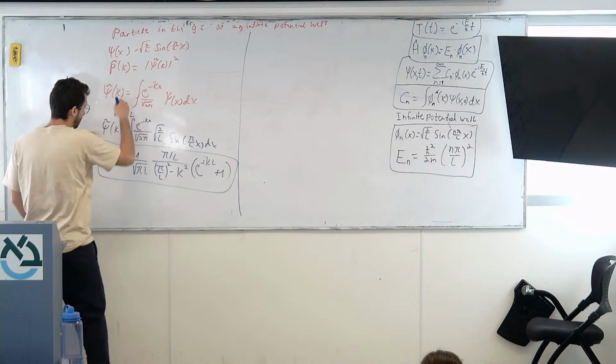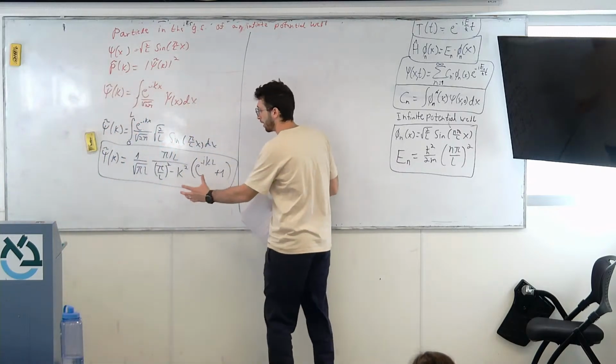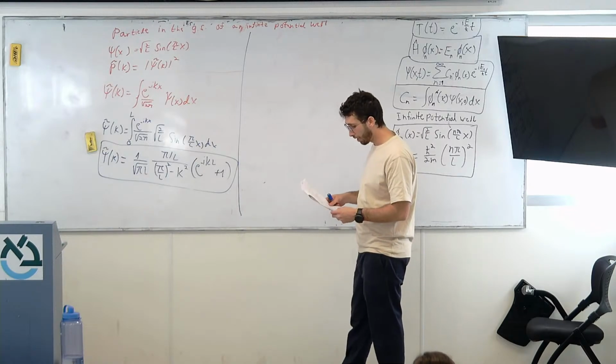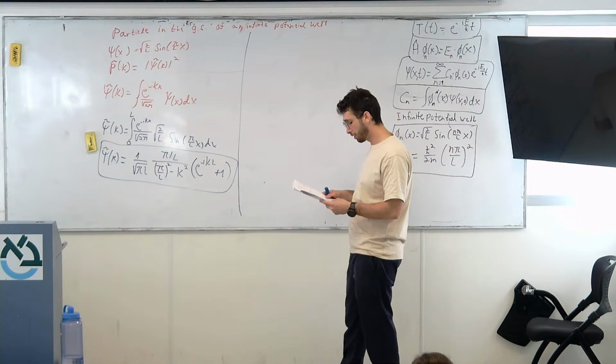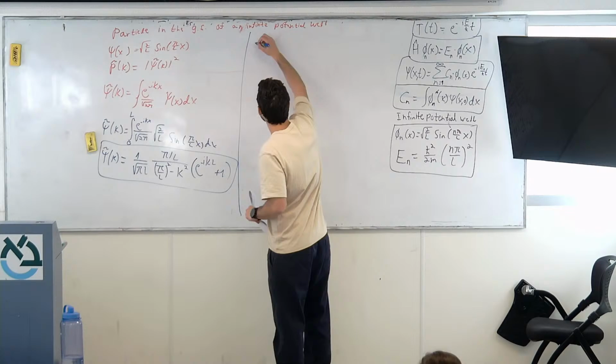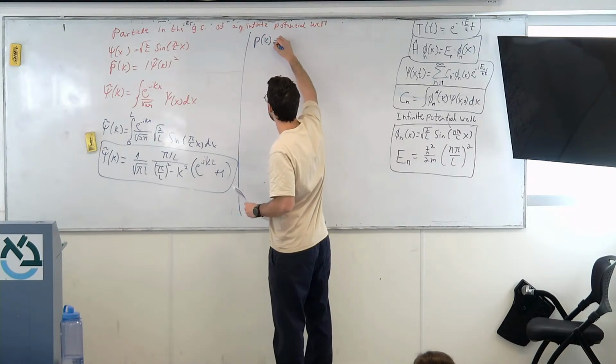We need to find p tilde of k, meaning we need to take the absolute value of this squared. And again, I'm not gonna do it. Okay, let's do part of it, just for fun.